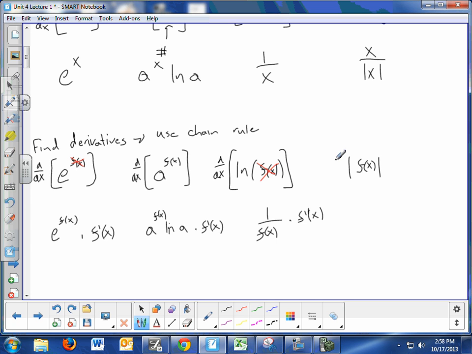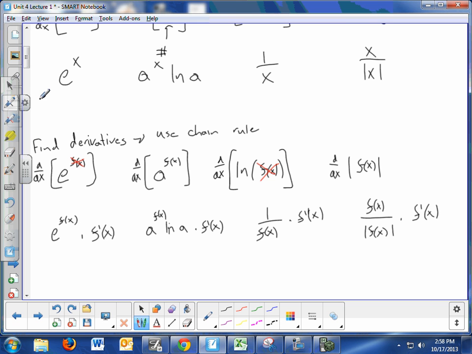And finally, you guys could probably do this. It would just be f of x over the absolute value of f of x times the derivative of f of x. All chain rule. Just what you saw for those original derivatives multiplied by the derivative of whatever you have in your exponent or in your log or in your absolute value.